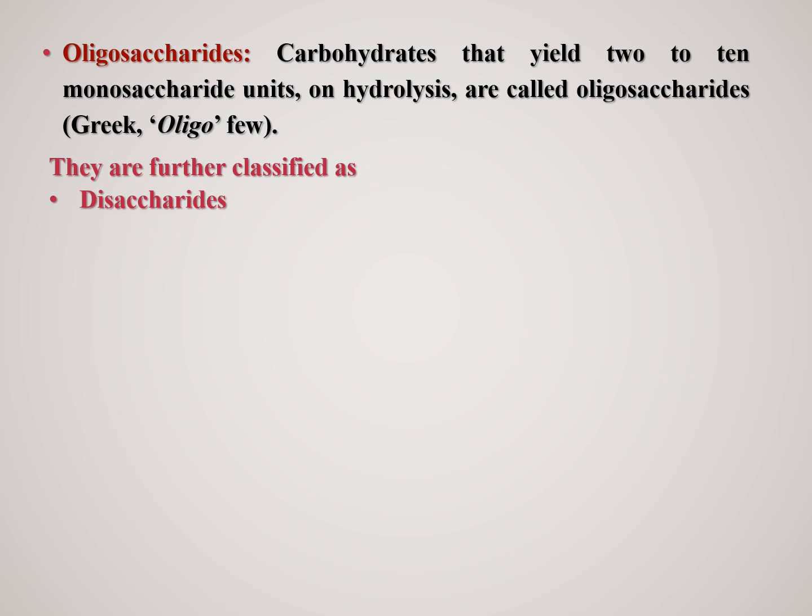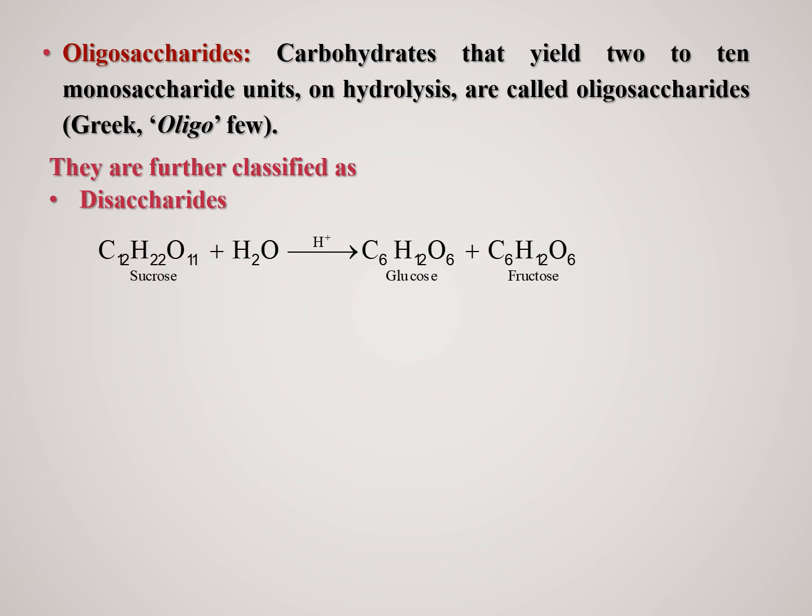As the name itself suggests, these are the carbohydrates which on hydrolysis would give two monosaccharide units. For example, sucrose C12H22O11. When they are hydrolyzed with water, they produce glucose C6H12O6 and fructose C6H12O6.